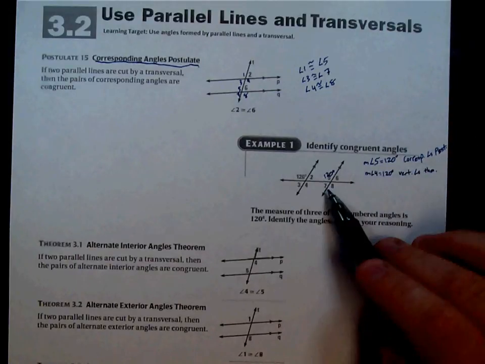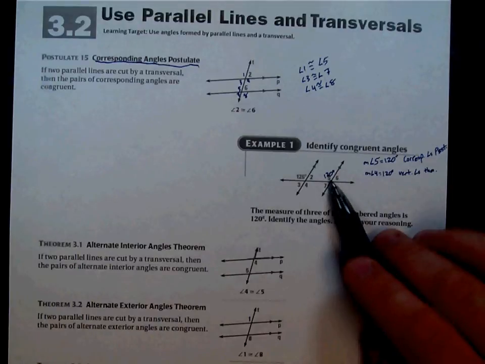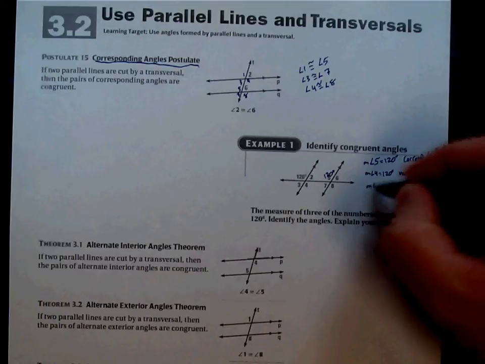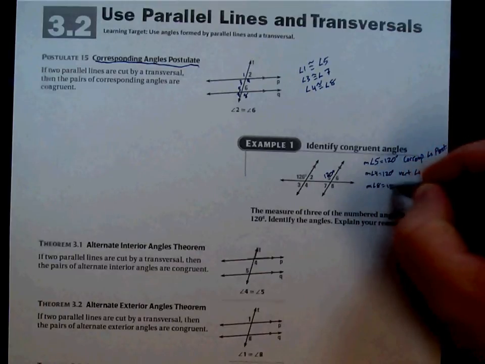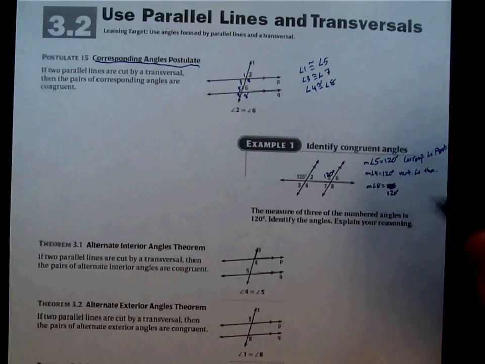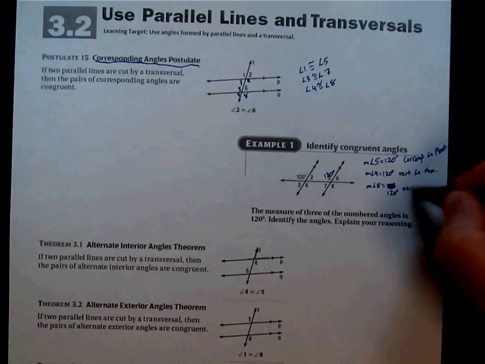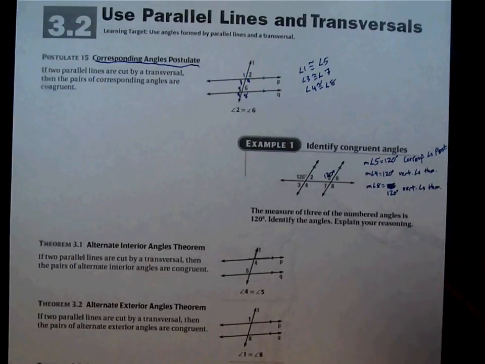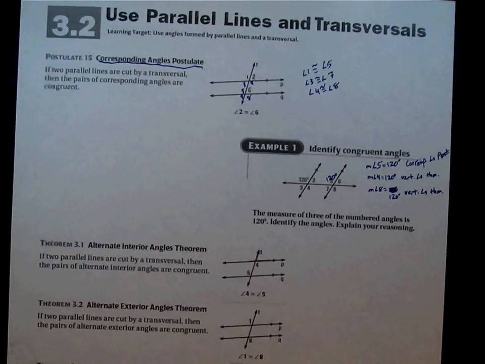And now I just called angle 5 120 degrees. It's got a vertical angle of angle 8, so angle 8 also has to be 120 degrees because of the vertical angles theorem, or because it's corresponding to angle 4. So you could use 2 different reasons on that one.